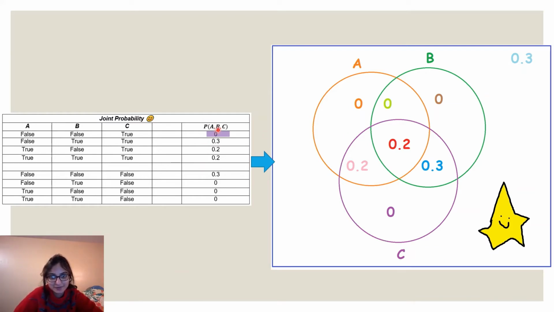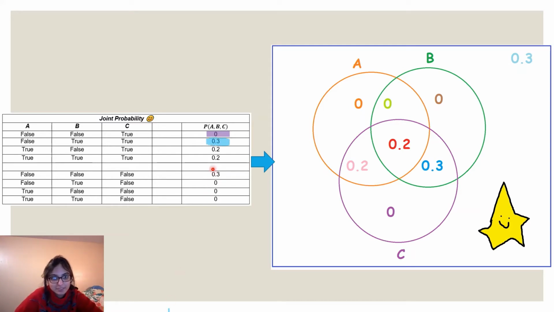This is just C only. And then, if A is false, and B is true, and C is true, this is just the intersection of B and C only. So that is this 0.3, the 0.3 that is given by the intersection of B and C here, but there's no A that's allowed because A is false. So we only look at this part here, this 0.3. That's what this is representing here.